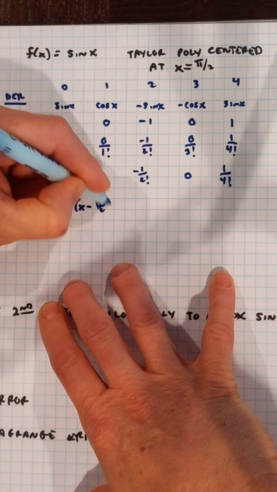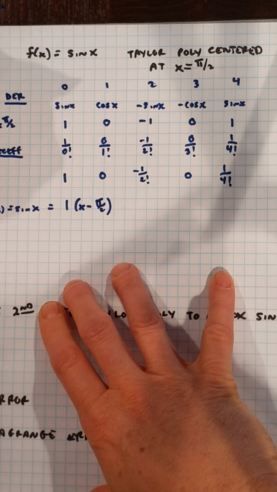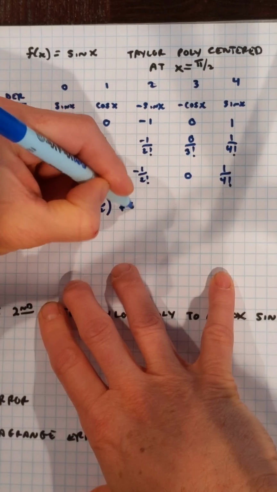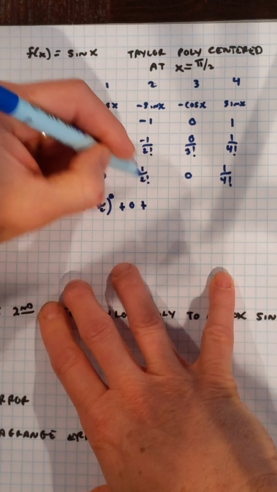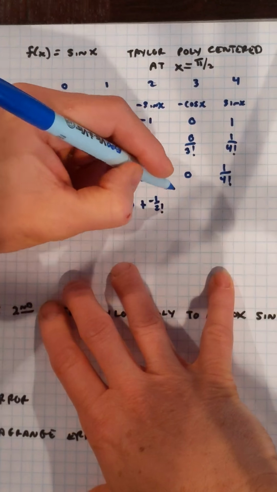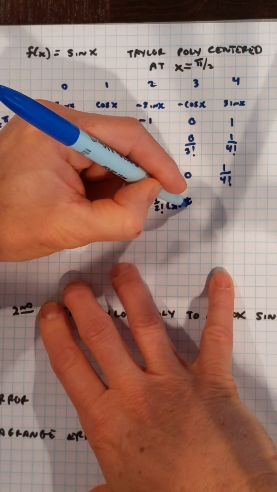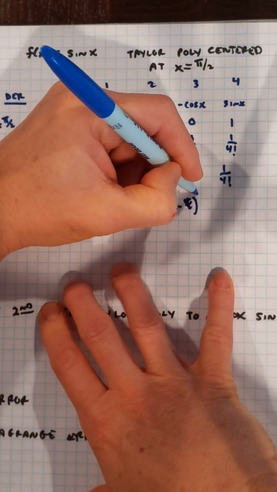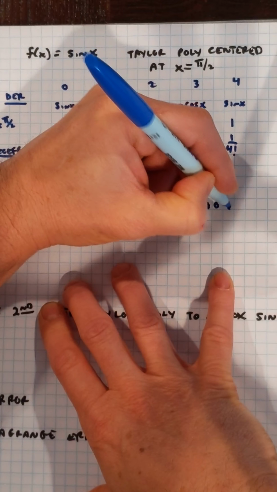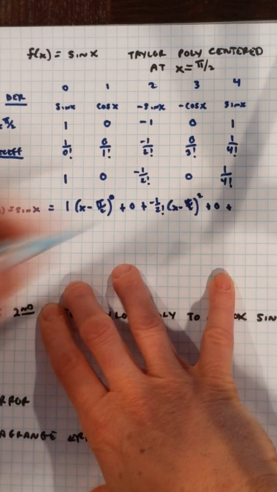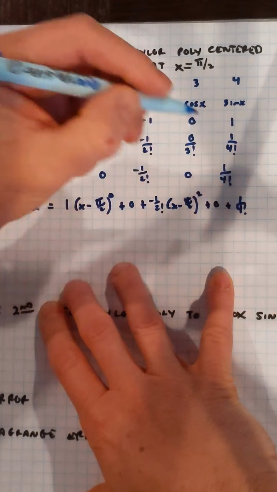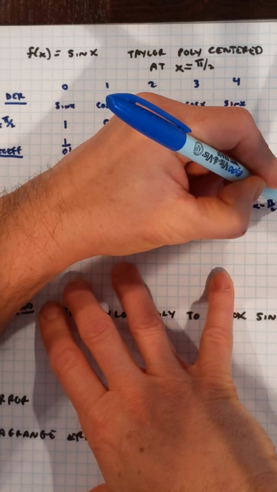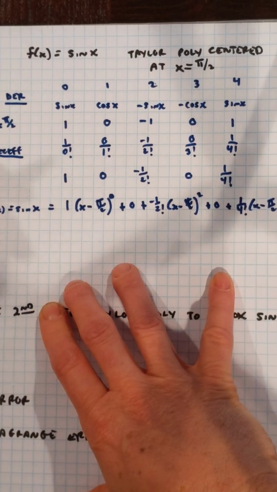We're translating over to pi over 2, to the 0 power, plus 0, plus negative 1 over 2 factorial times x minus pi over 2 squared, plus the 0, plus the next one, which is positive 1 over 4 factorial times x minus pi over 2 to the 4th. We skipped those because they're zeros.